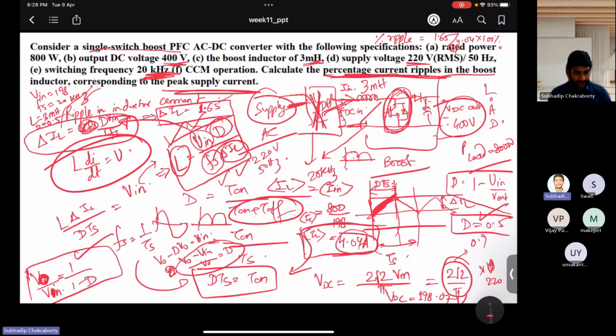This point, if it is not clear, you can ask. I can repeat. Root 2 times 4.04. So what is coming?